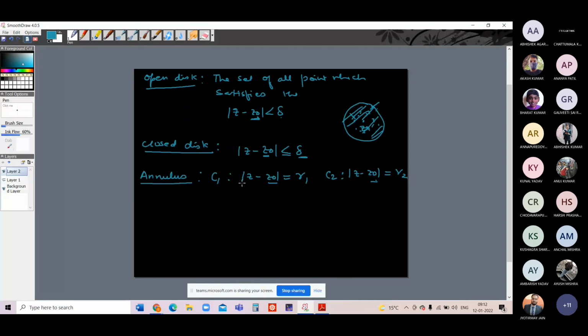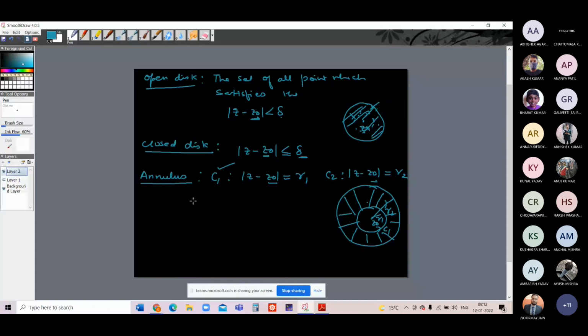Say that C1 is the inner circle and C2 is the outer circle. It is like that: z0 is a point, this is the C1 circle with radius r1, and this circle has radius r2 and center z0. So the points which lie between these two circles, all the points between these two circles, form a set which is called an annulus.